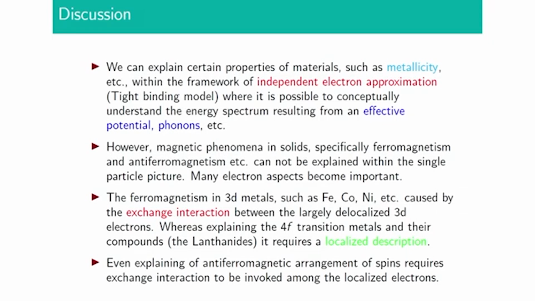Explaining the antiferromagnetic arrangement of spins also requires one to invoke the exchange interaction between the spins. So the neighboring spins interact via a localized interaction. However, the actual interaction is not between the magnetic moments, it is actually between the electrons. The Coulomb interaction is responsible for inducing this exchange interaction between the spins.